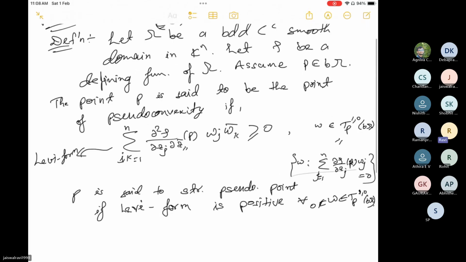And we say omega is pseudoconvex if it is pseudoconvex at all boundary points, and it is strongly pseudoconvex if it is strongly pseudoconvex at its boundary points of omega.